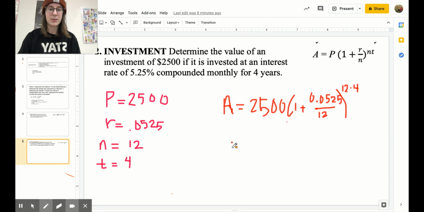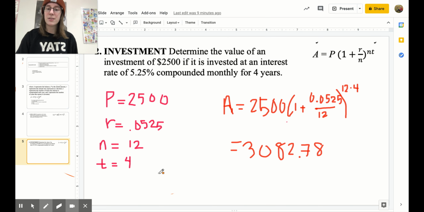And then you're going to get the amount of $3,082. And I have 0.78279. So I'm going to round to 0.78 because, when you're talking about money, that's what you're talking about.